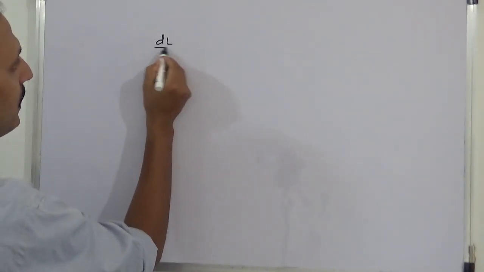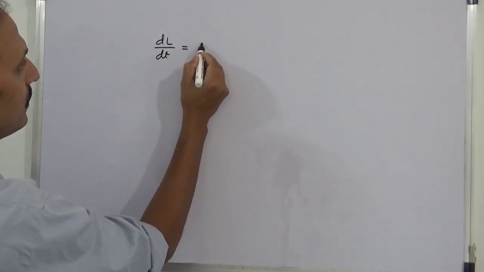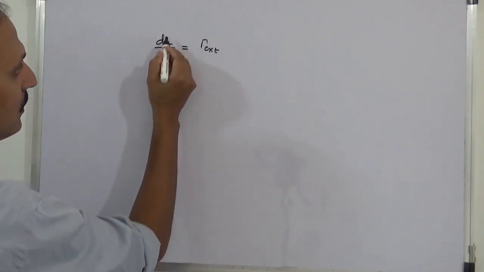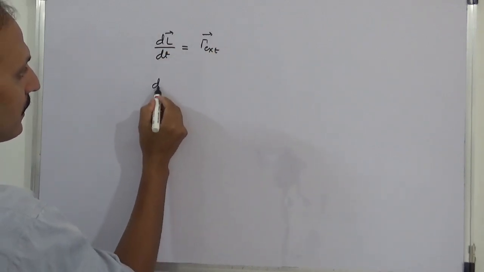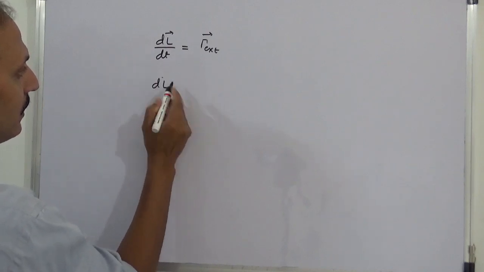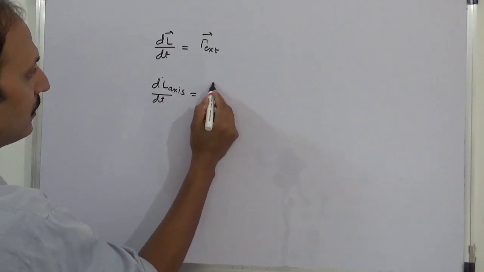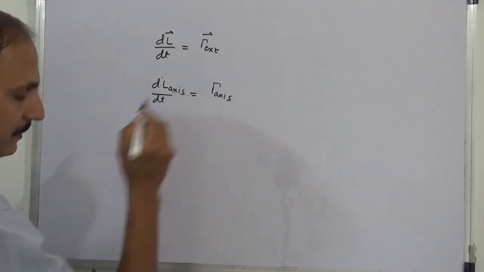We have just proved that dL by dt is equal to torque external, or about a given axis, dL about the axis by dt is equal to torque about that axis. Okay.